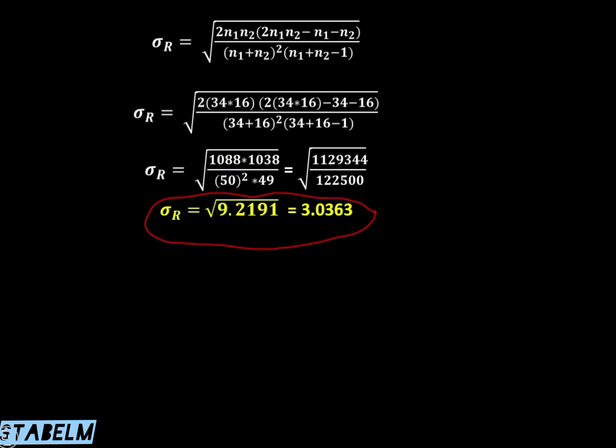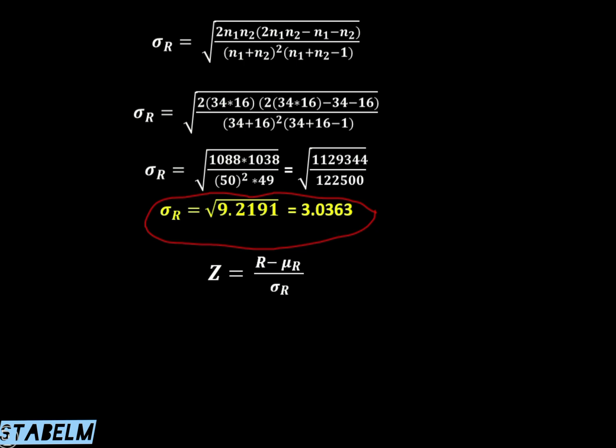Let us remind ourselves of the standard normal for the run test: z equals R minus mu of R divided by sigma of R. If we substitute the values we have gotten so far, we have the number of runs R as 15, the mean mu subscript R as 22.76 from the previous slide, and sigma R, the standard deviation, as 3.0363. That is what we are going to do now: substitute it into this formula.